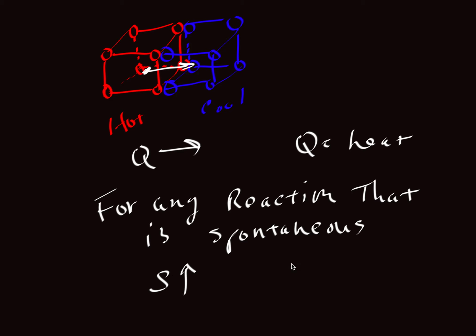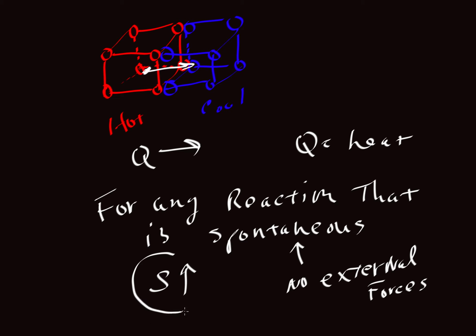And for any reaction being spontaneous, what we really mean is that there are no external forces acting on the system to push it in one direction or another. So take away any external forces and how will a system naturally move? It'll do so in a way that entropy will increase, not stay the same or decrease.